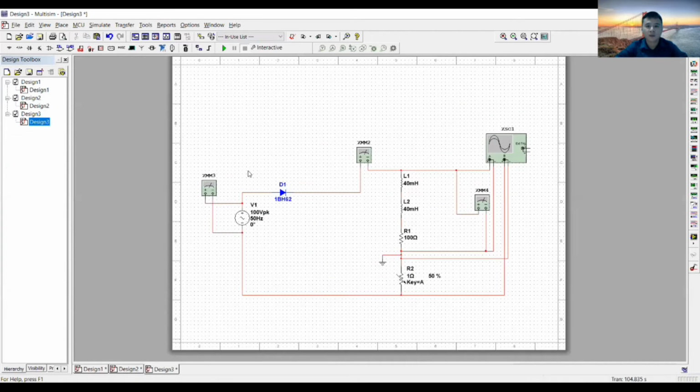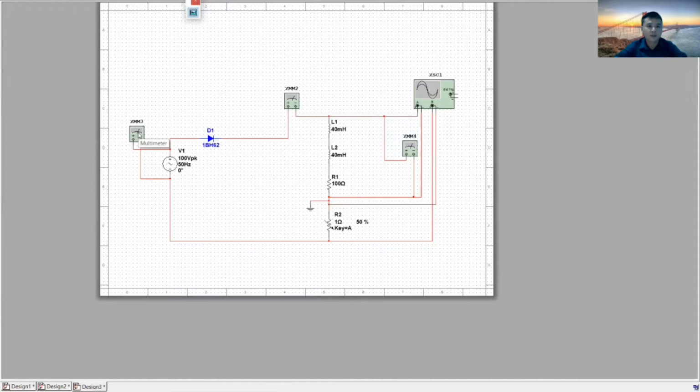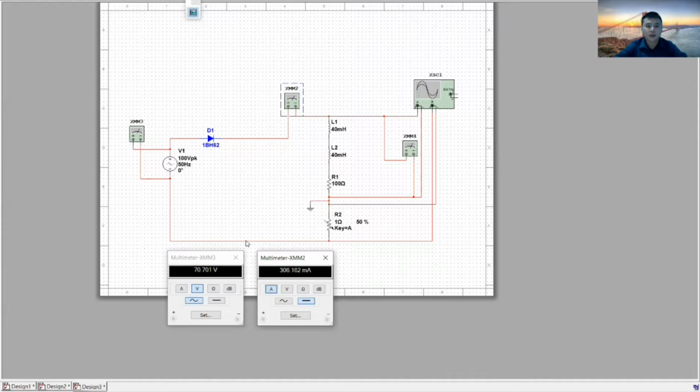Next activity, which is the half wave rectifier with more inductive load over here. We run the simulation and let's see the result. The same input, since we have the same peak to peak voltage.